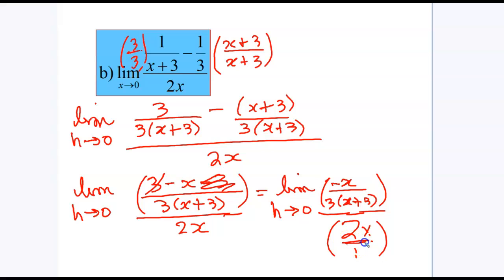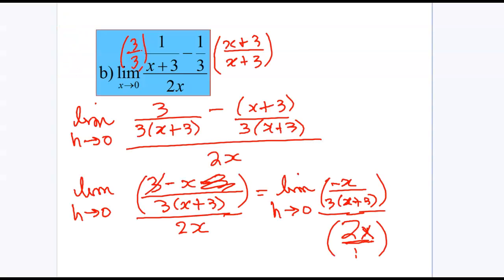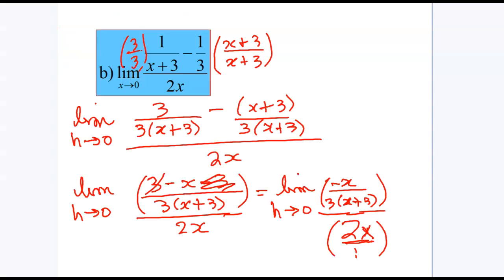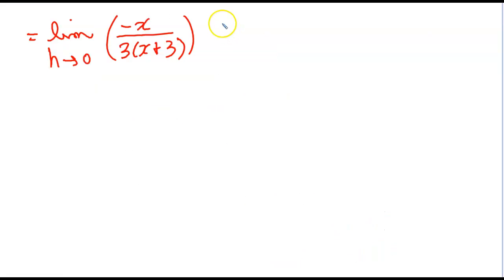You can consider it as a fraction over a fraction. And if you're dividing fractions, you have to multiply by the reciprocal of the denominator. So this is going to equal the limit as h approaches 0. I have negative x over 3 times x plus 3. If I take that and multiply it by the reciprocal of the denominator, I'm going to get 1 over 2x.